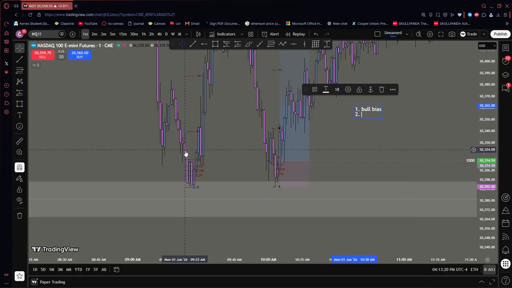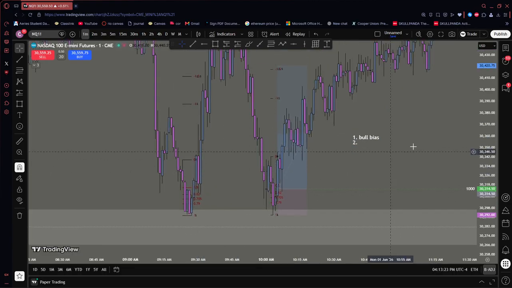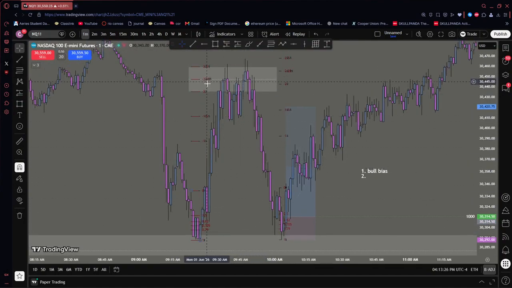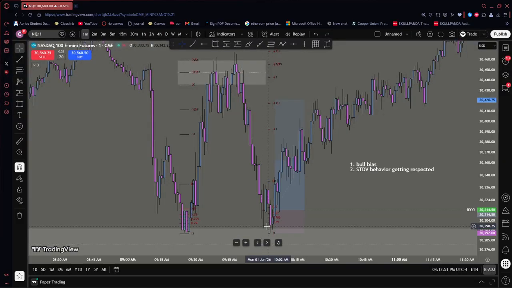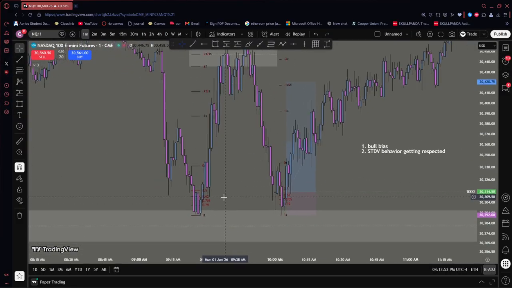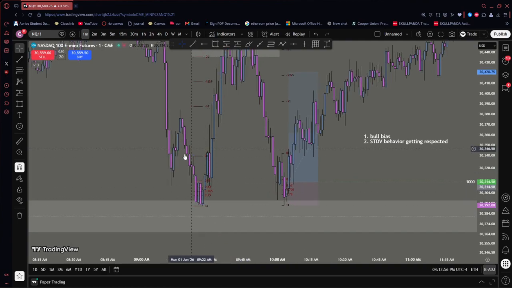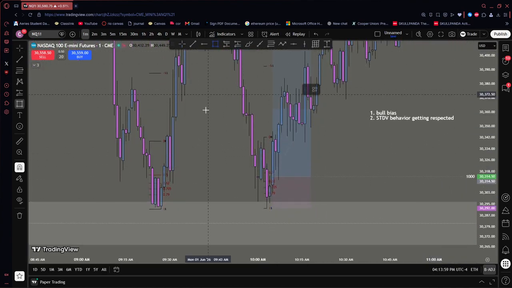Two, this OTE, this standard deviation that is getting respected because market is accumulating, and then retracing back exactly where we want it to. Standard deviation, and basically you want to see a retracement back down to the anchoring leg's OTE, so around here, this area.